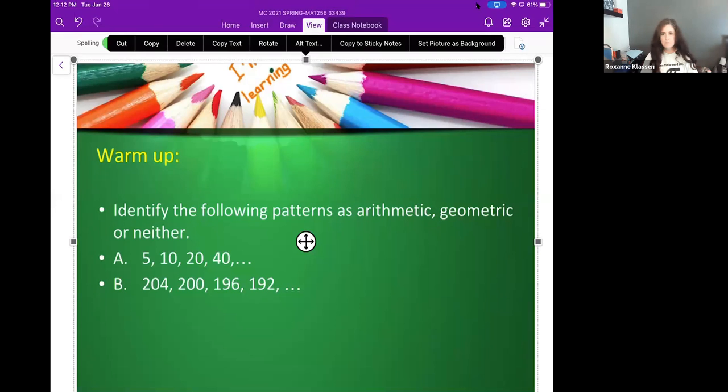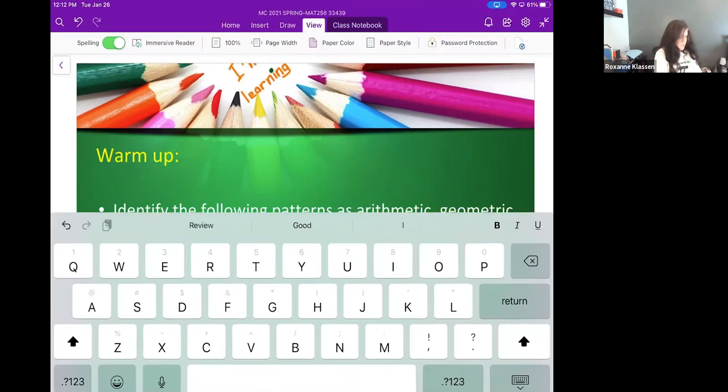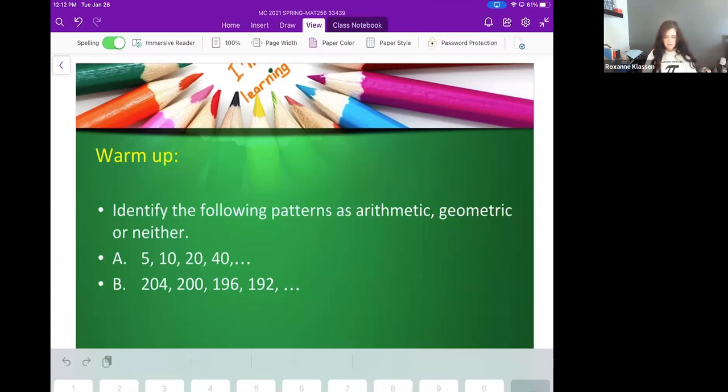Was I annoying you? I wasn't trying to annoy you. I was just trying to get all the info. Okay. Can you finally see it? It's just two problems. Identify as geometric or arithmetic, or neither.